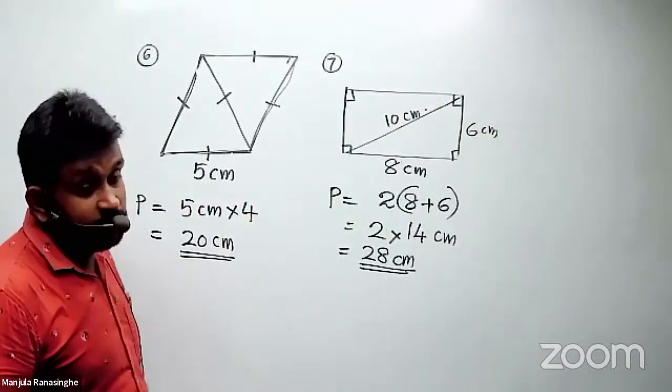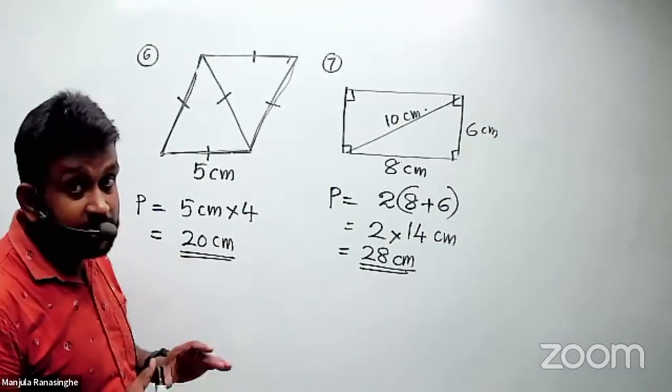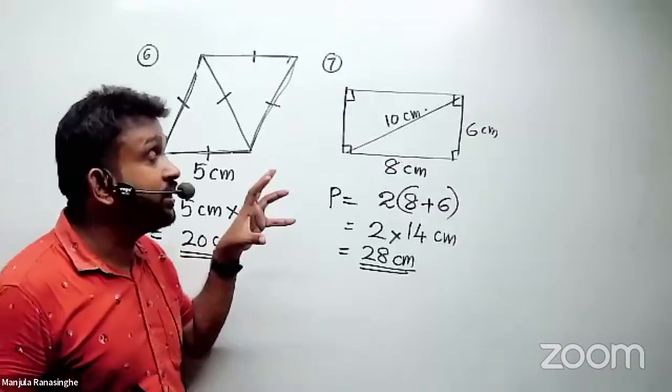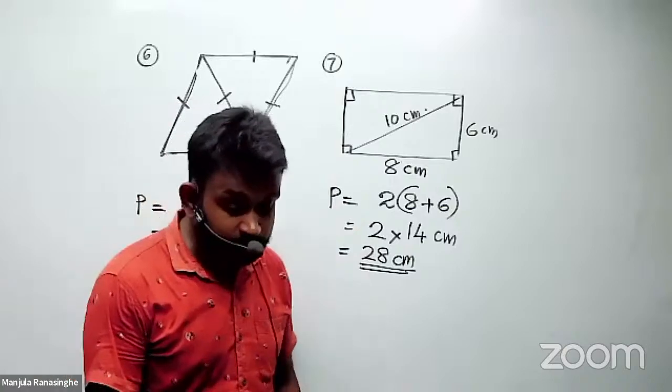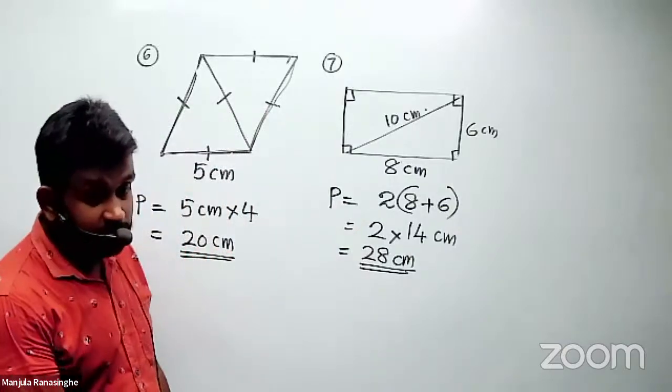Remember that. In the perimeter, the specialty is you will not add the inside length. So that is what you need to remember. Okay, right?